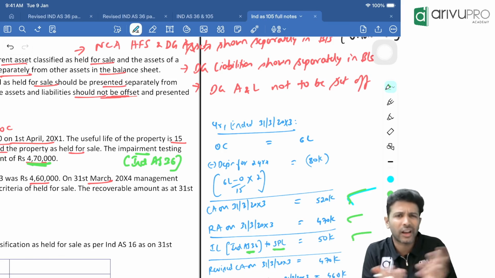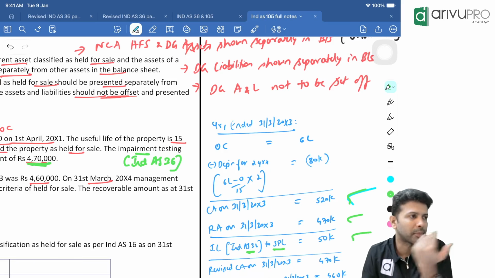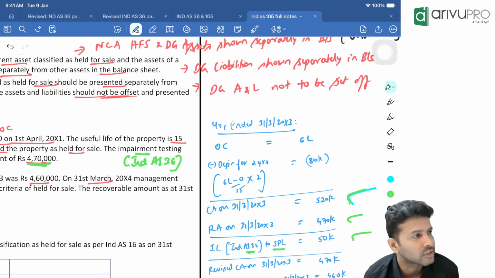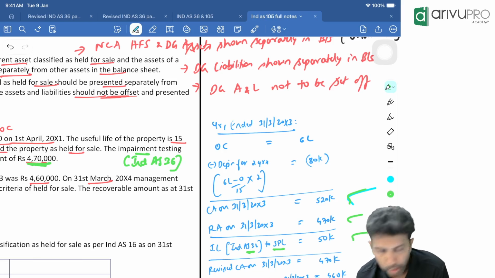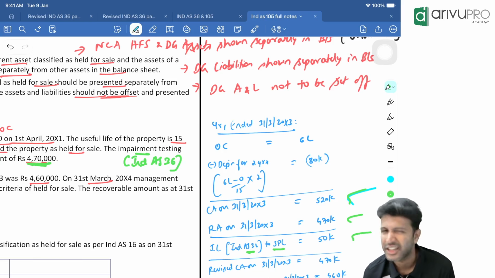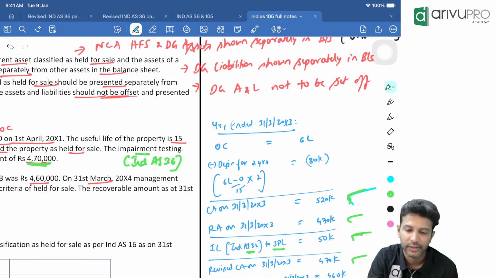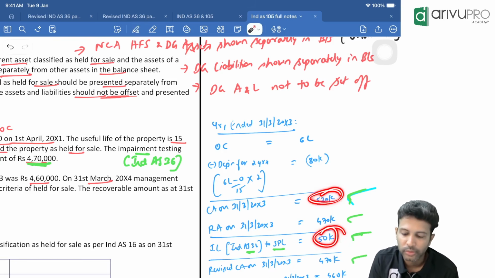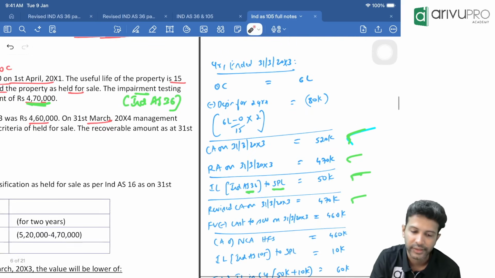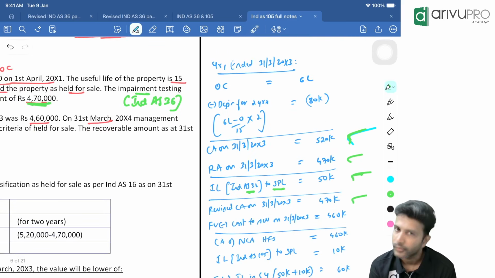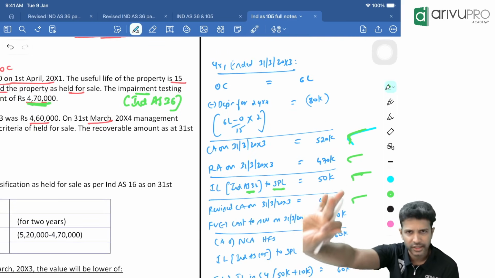Here, there is no revaluation reserve data, so this 50,000 impairment loss we'll book to SPL. Now, when you book impairment loss, carrying amount will get revised. From 520, it will reduce by 50 and become 4,70,000. Agreed? This is your Ind AS 36 accounting.